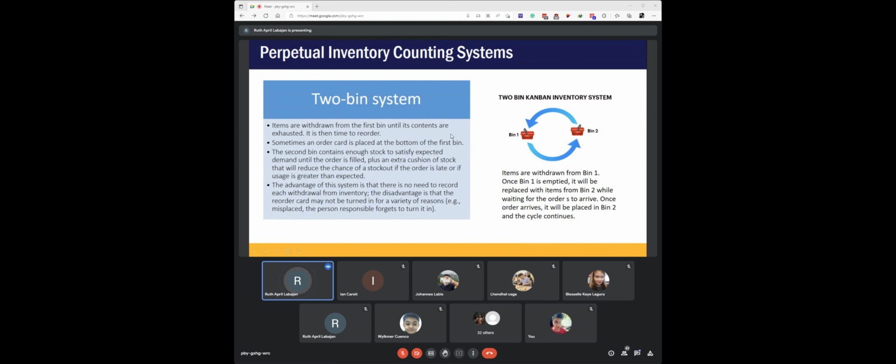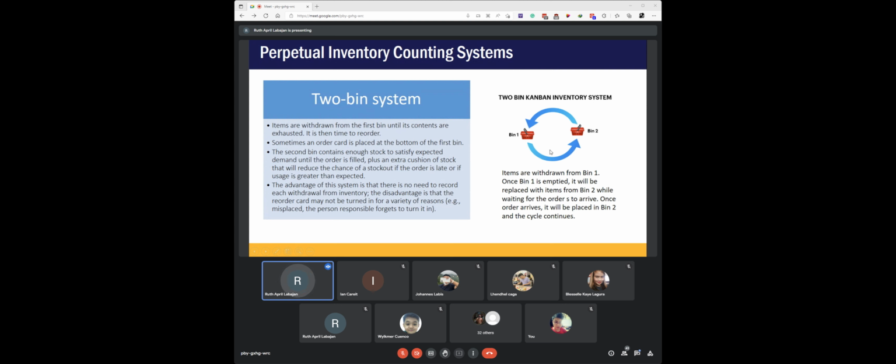Anyway, bin 1 will contain items. Okay? And diri ka mokuha og item. Let's say that item is bolts. So kung manginahanglan kag bolt, kuha ka diri, okay? Tapos, kung mahurot na ni siya, mag-order dayon.